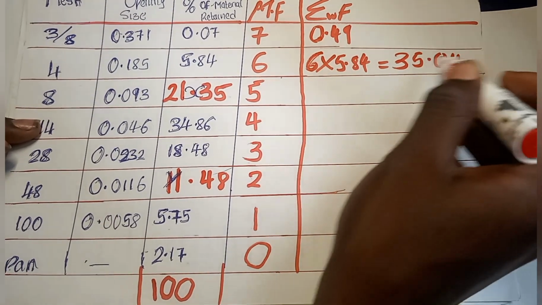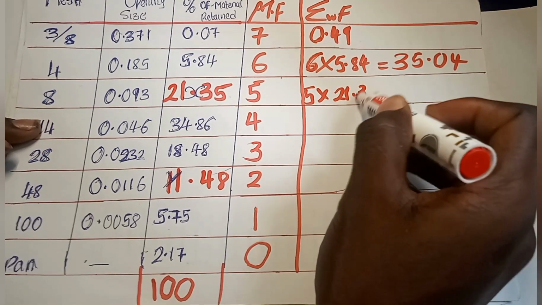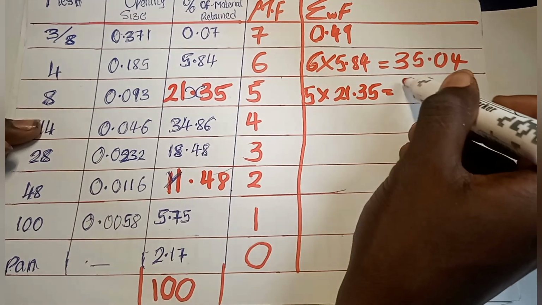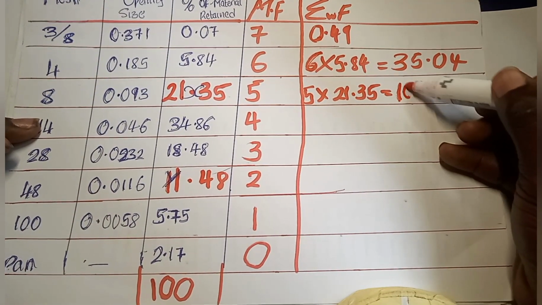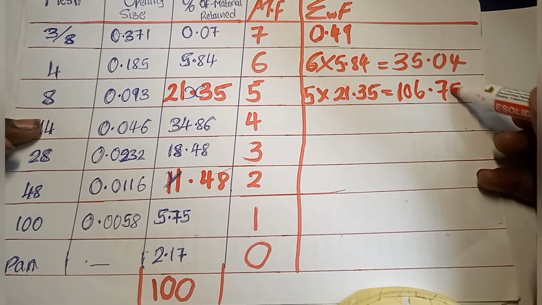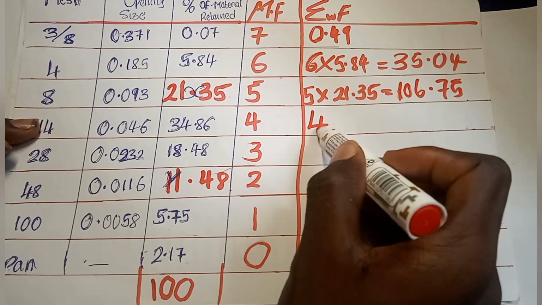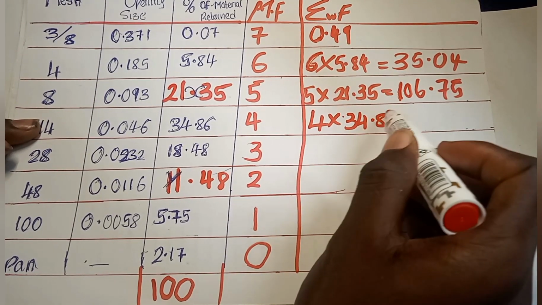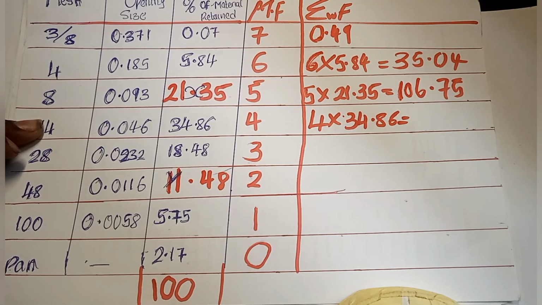Then 5 multiplied by 21.35 will give me 106.75. Then 4 multiplied by 34.86 will give me 139.44.